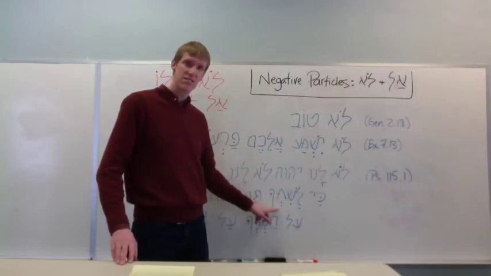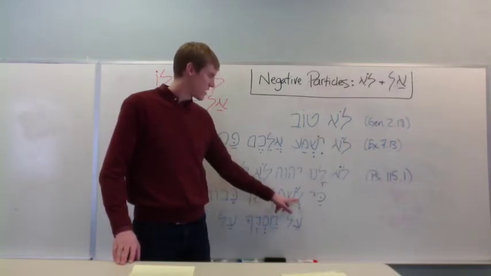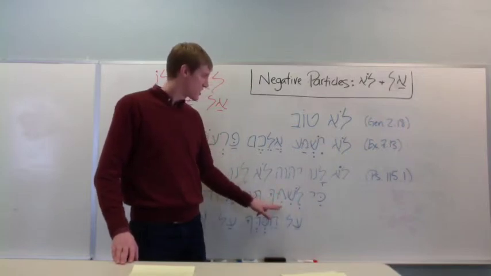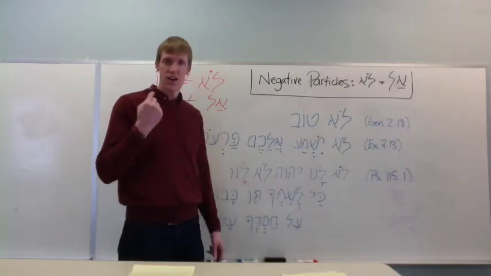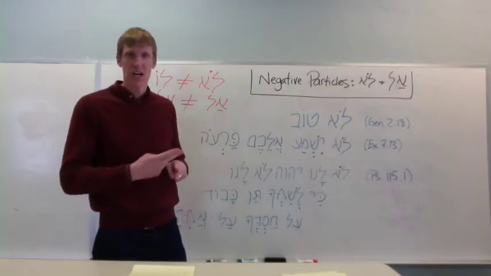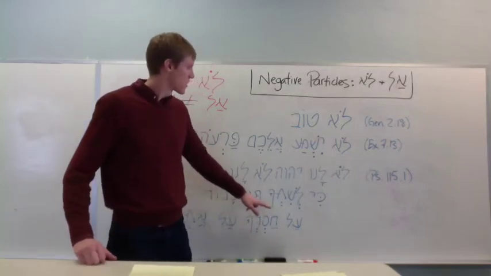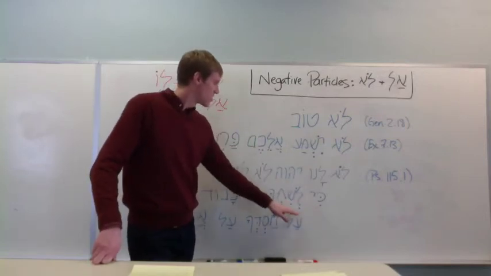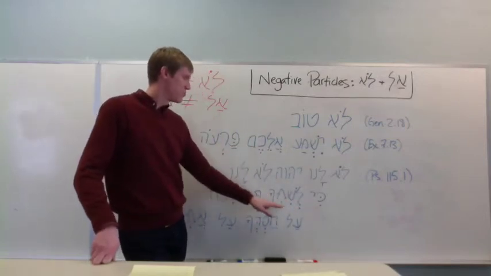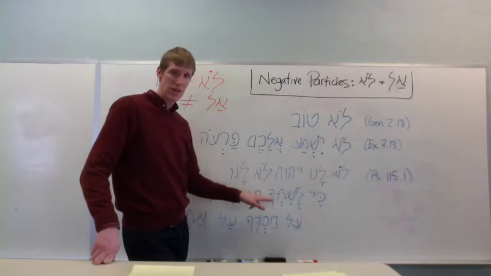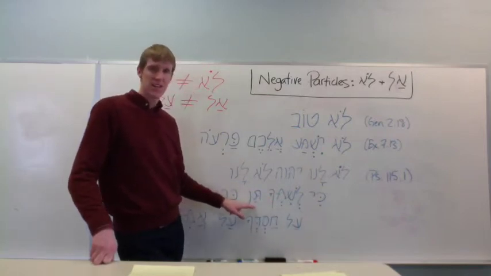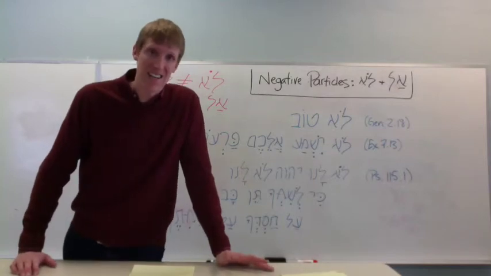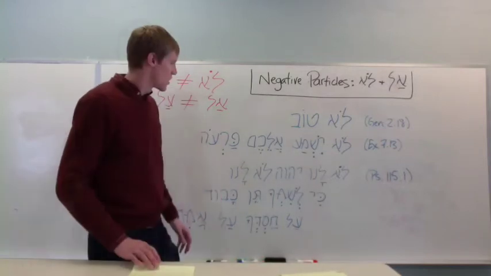but leshimcha. Le, again, is our preposition, lamed, to. Shimcha is shem, name. Shimcha is your name. Ki leshimcha, but to your name. Ten is the imperative of the verb natan, which is to give.